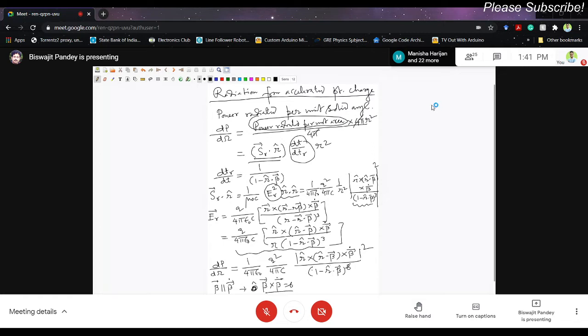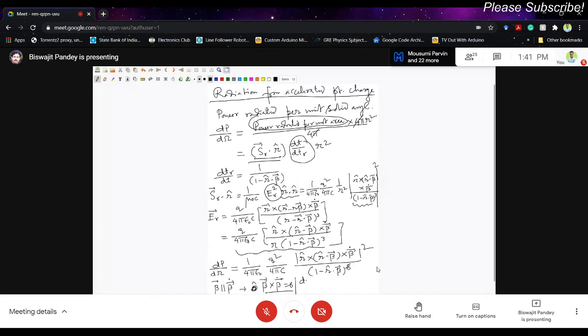So you can simplify the entire expression, and what we got was dP/dΩ equal to 1 over 4π ε0, q² a² over 4π c³, and then sine squared theta. It was sine squared theta, right?